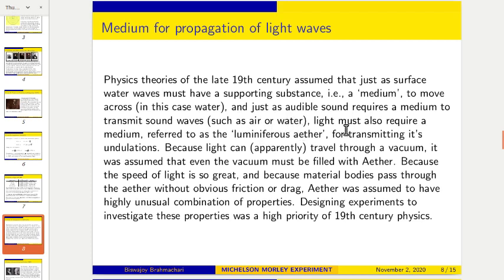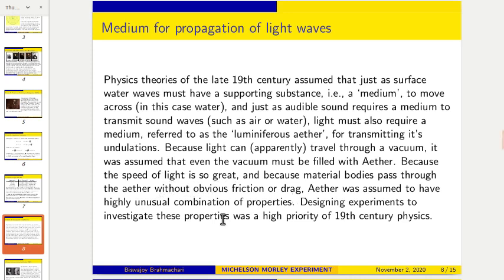So similarly, light must also require a medium referred to as the luminiferous ether for transmitting its undulations. Because light can apparently travel through a vacuum, it was assumed that even the vacuum must be filled without obvious friction or drag.